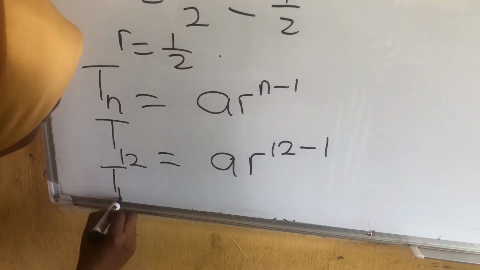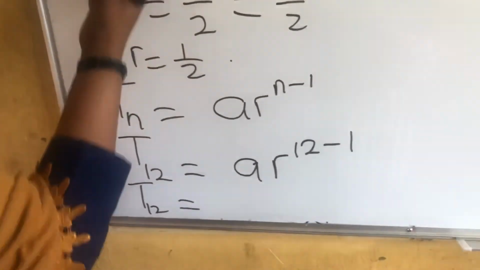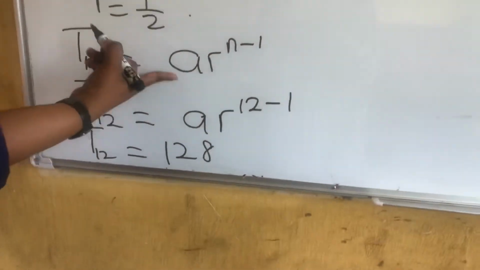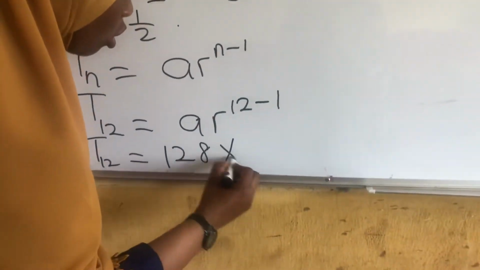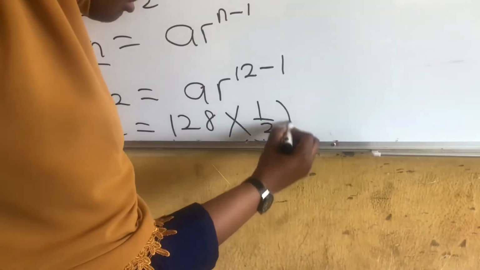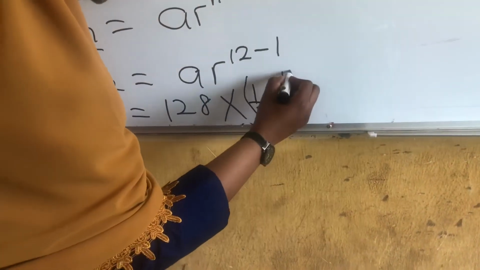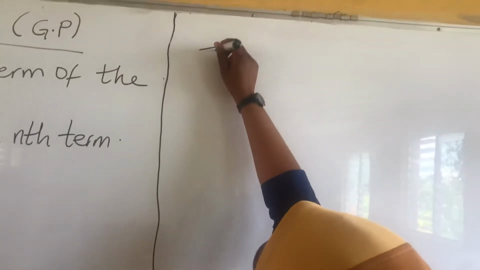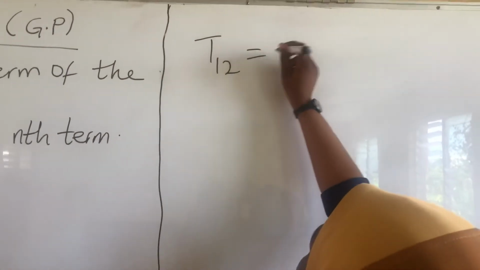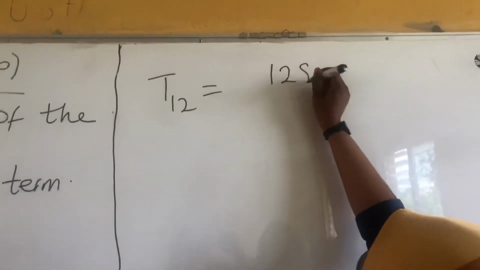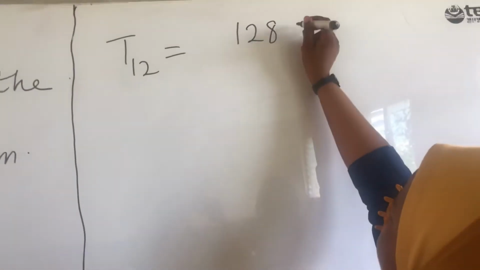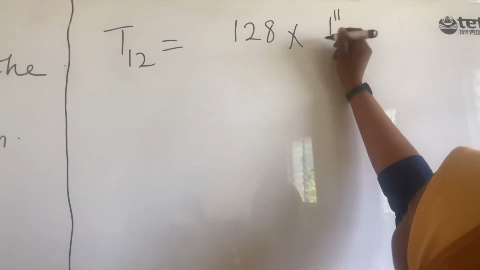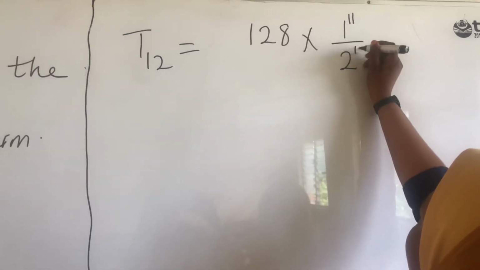So the 12th term will be equal to, the first term is 128, and the common ratio is 1 over 2, raised to the power of 11. So the 12th term is equal to 128 multiplied by 1 raised to the power of 11 over 2 raised to the power of 11.